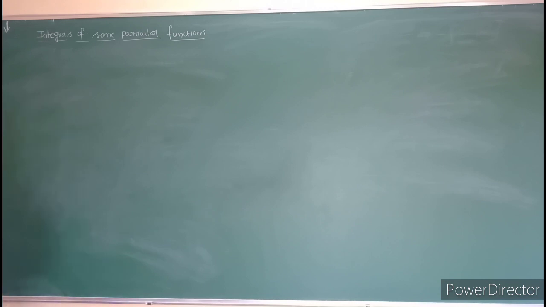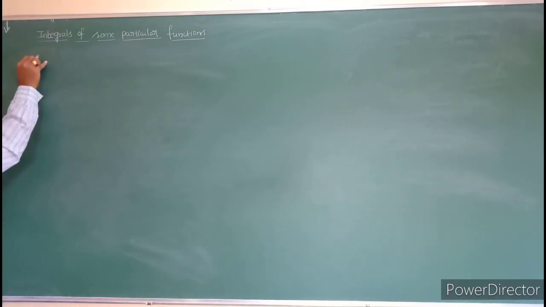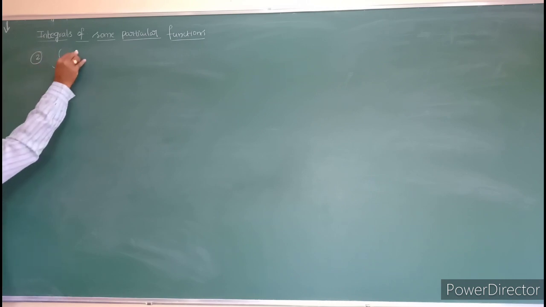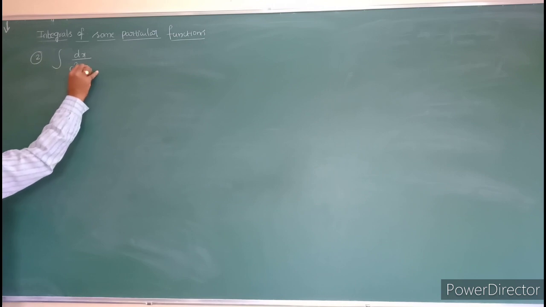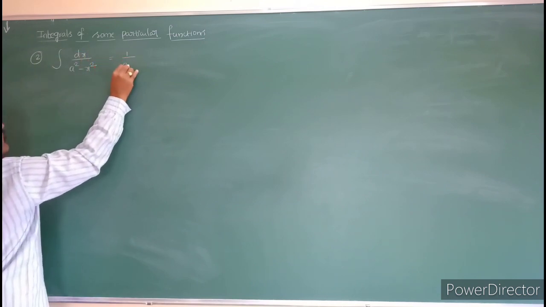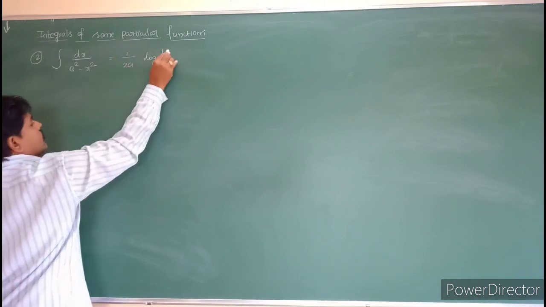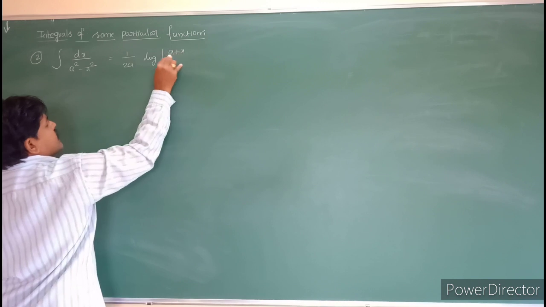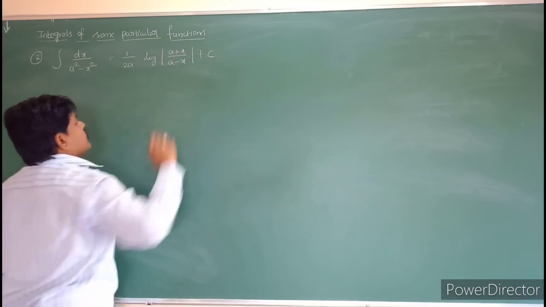See the next question. What is that? The integral of dx by a square minus x square, that is equal to 1 by 2a into log of mod a plus x by a minus x plus c.